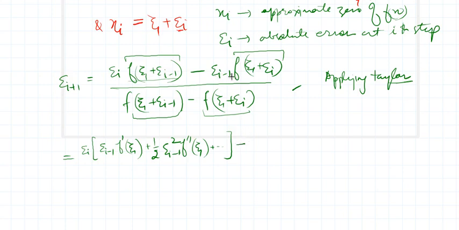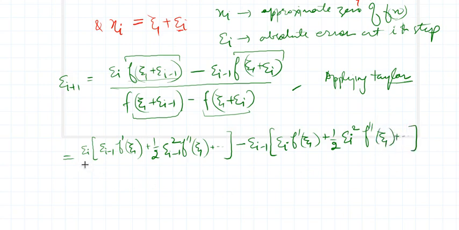Minus, this will remain as it is, ε_{i-1} times ε_i f'(ξ) plus 1/2 ε_i² f''(ξ) and so on, whole divided by their expansion again.